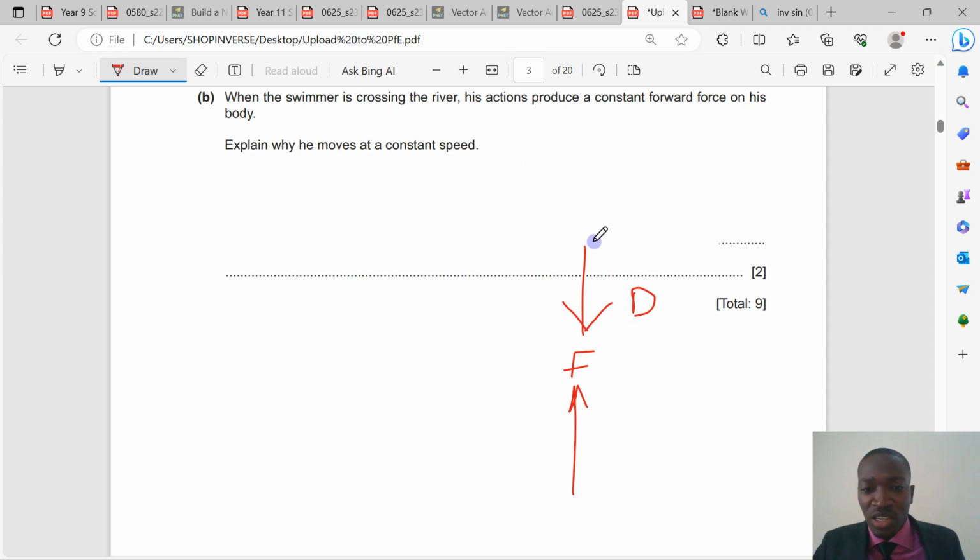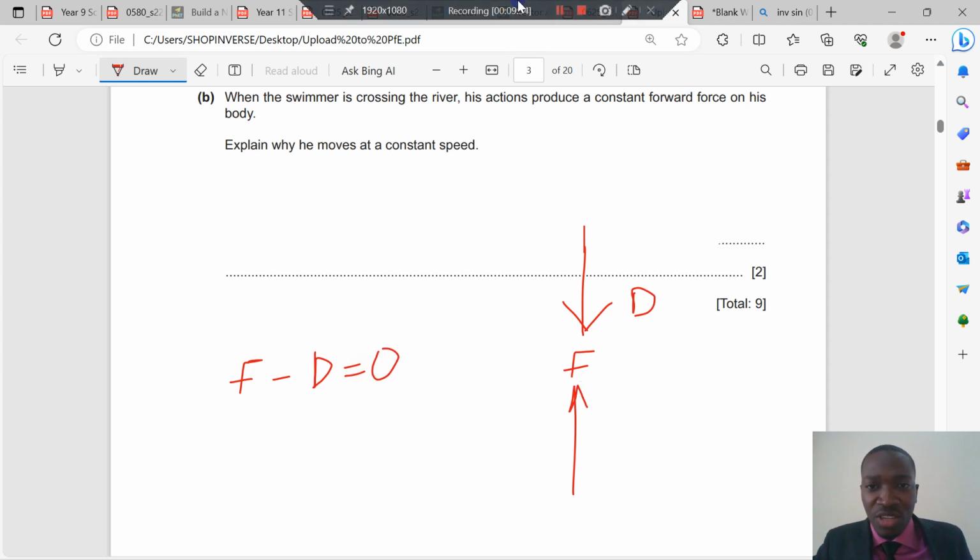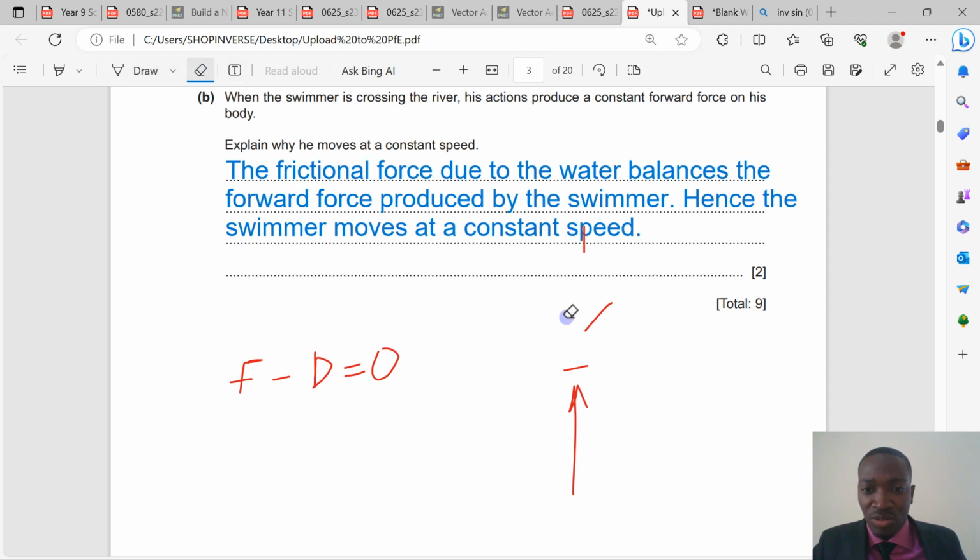That's friction in liquid. This opposing force opposes the forward force that he produces. So when you do the forward force minus the drag, you get a resultant force of 0. When the resultant force is 0, that's when you move at a constant speed. If there's no resultant force, then there will be no acceleration. So that is what you write here as the answer.